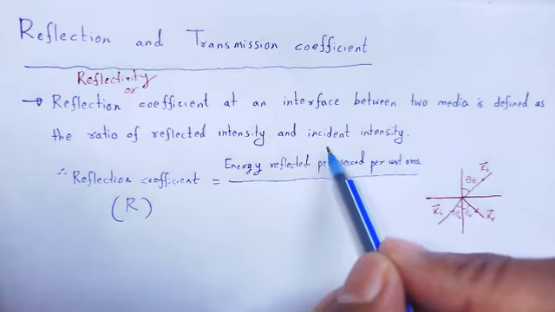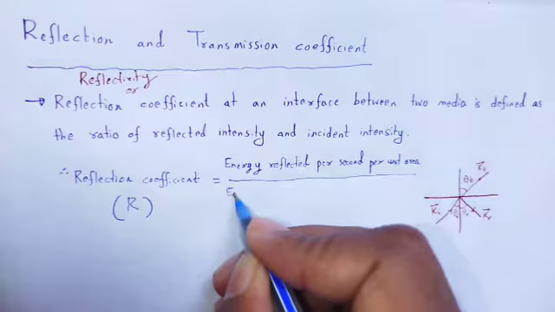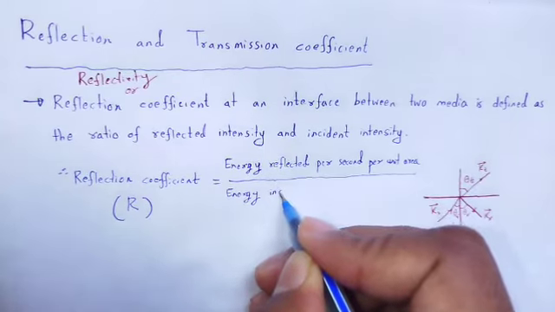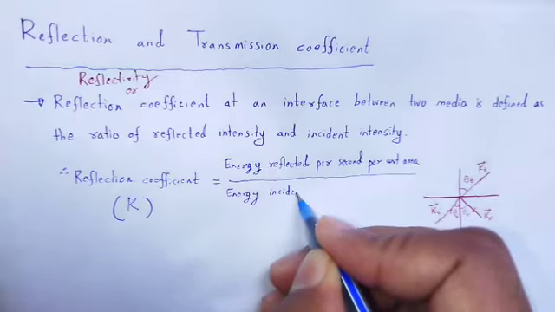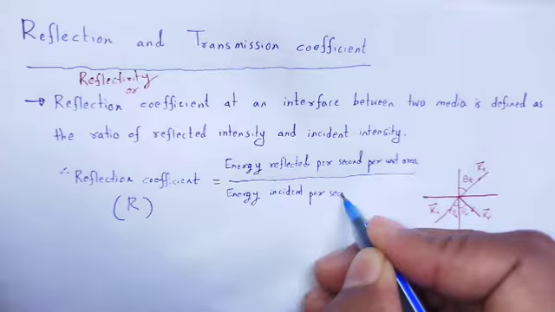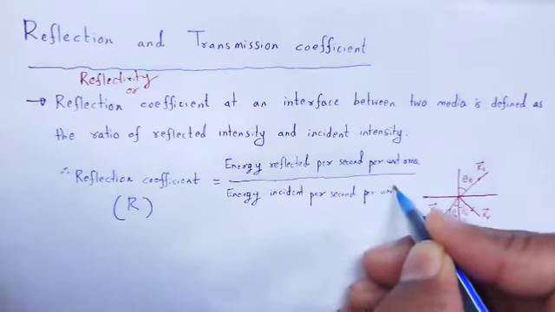Next, incident intensity, that is energy incident per second per unit area.